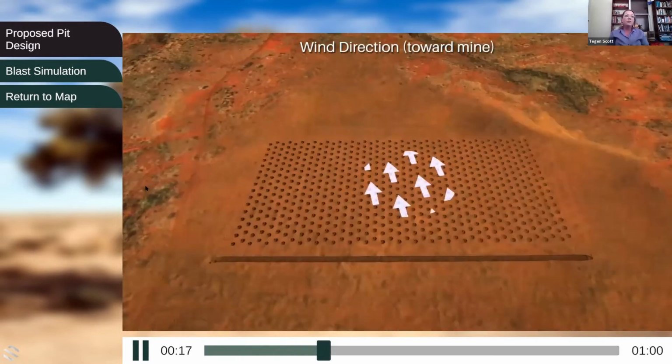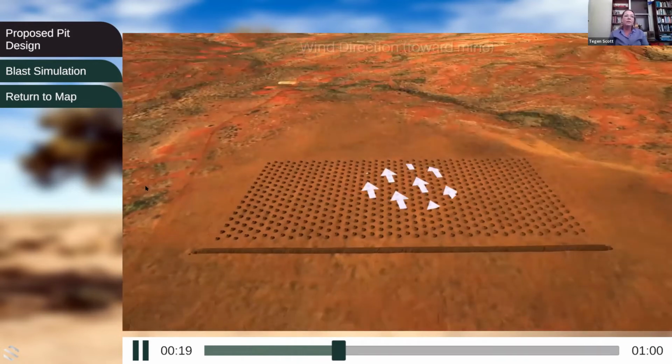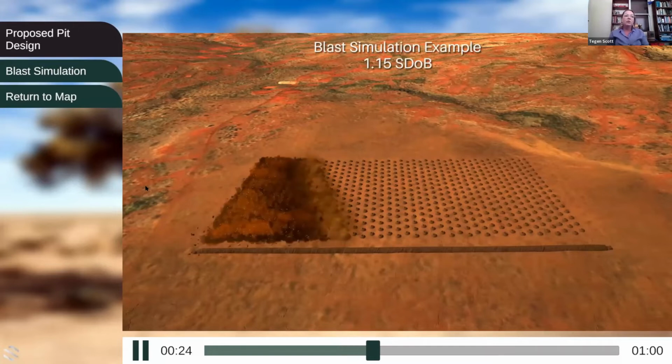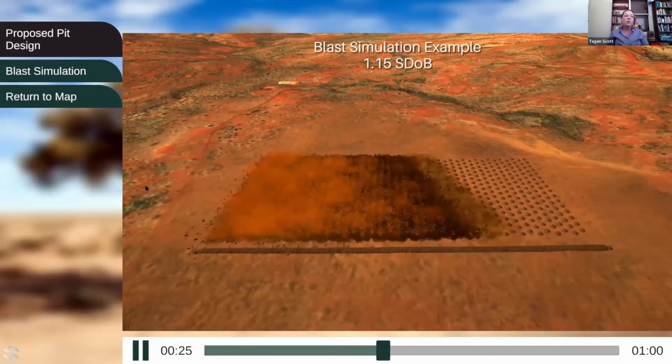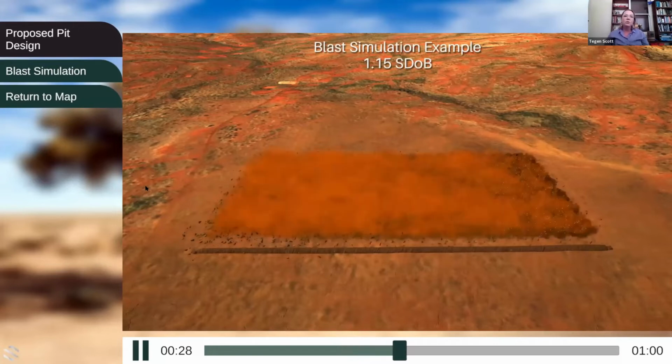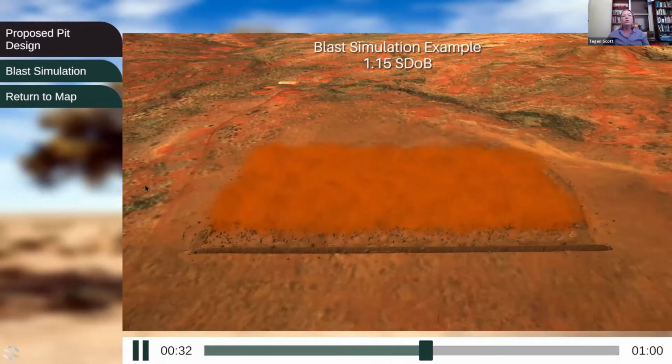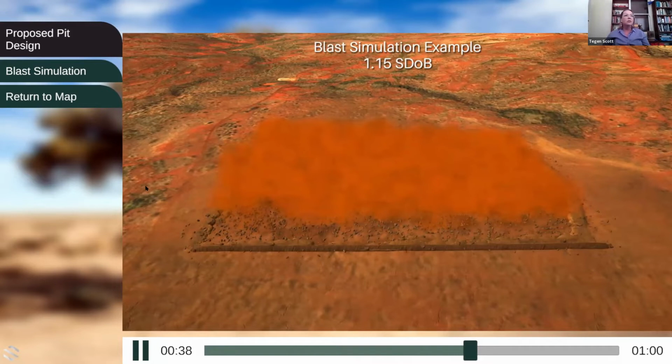And it's a way of demonstrating the controls put in place by blast experts. It's a really good vehicle to be able to get feedback on whether or not the controls, the buffers and exclusion zones are acceptable to traditional owners, or whether they need to be redesigned and then represented to the group.